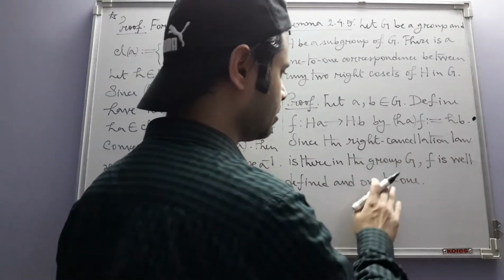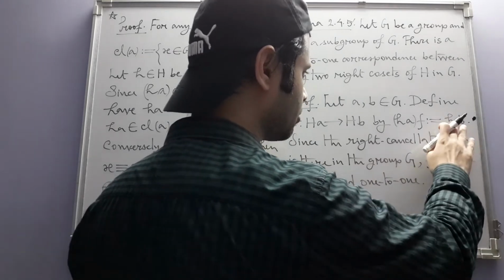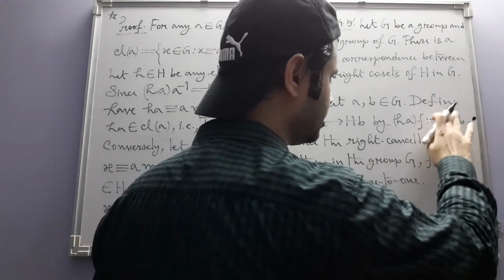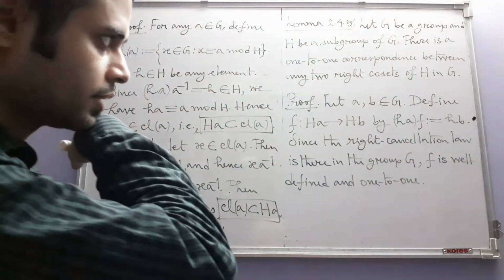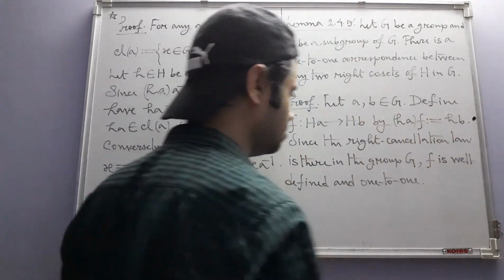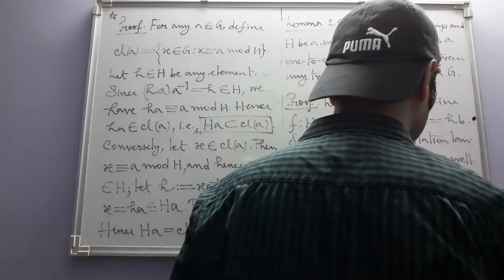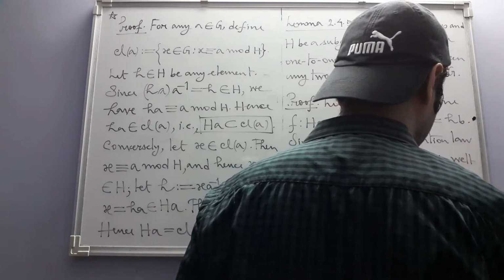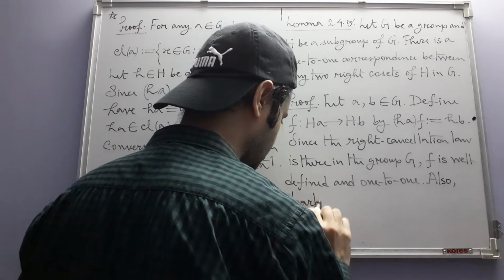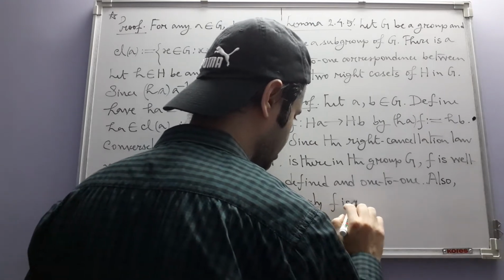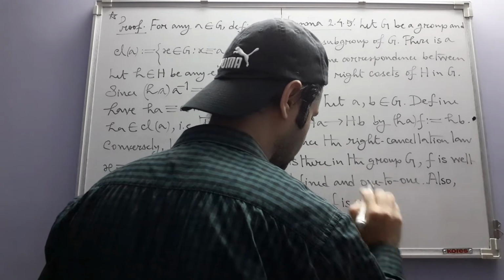And clearly F is surjective or onto, because you take any element here, HB, its pre-image is HA. So that H gives us the pre-image. Also, clearly F is onto.